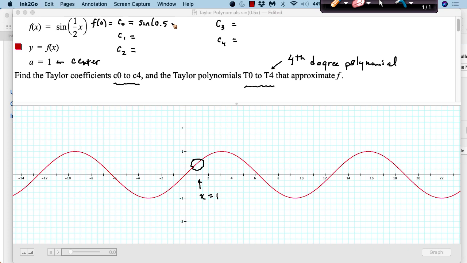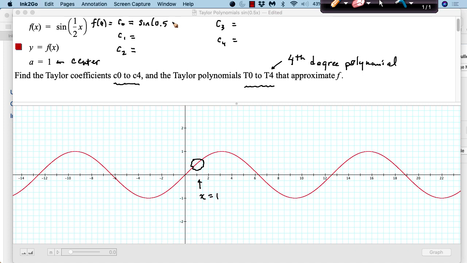Anybody? C0? Yeah. So f is sine of 1/2 x, and C naught is f of a. So what is that? Sine of 1/2.